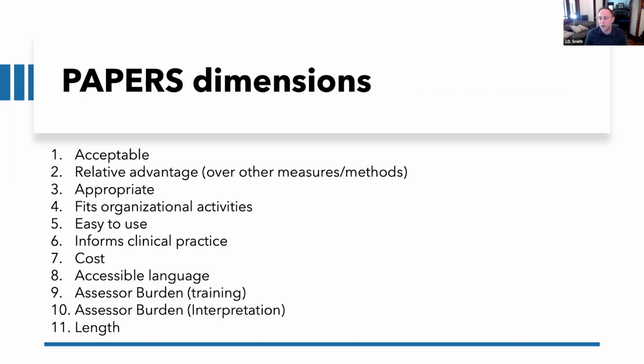And then length. So length was determined to be different than ease of use, and you'll see the anchors that they have, the way they differentiated that though. But this really just comes into like the easy to use, the length and cost are some of the major things about is this actually feasible for an organization or an individual researcher to actually use this measure.